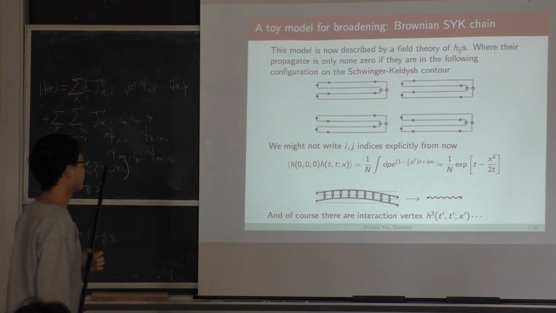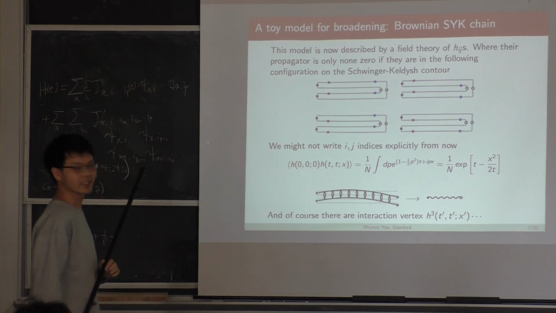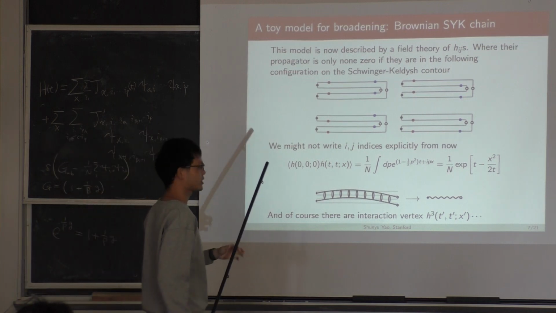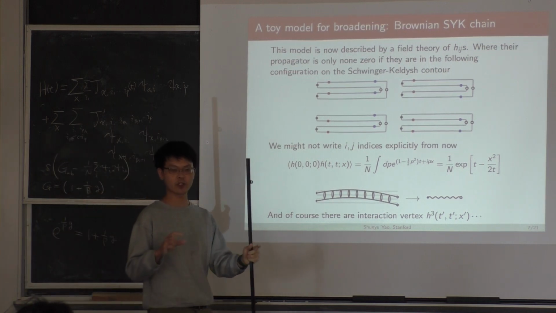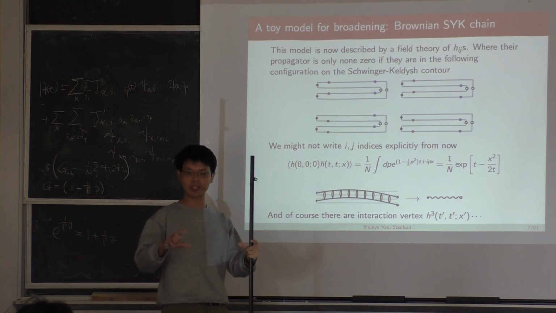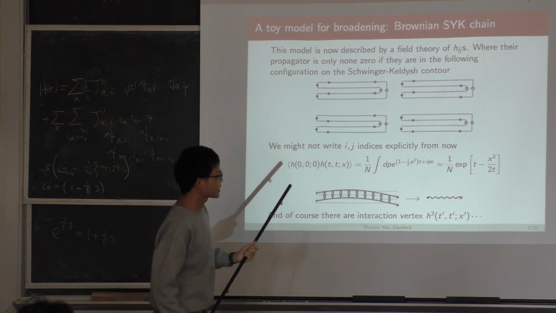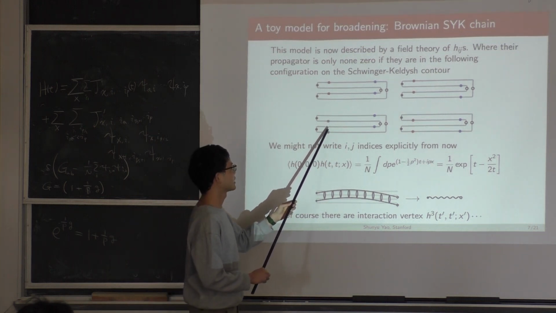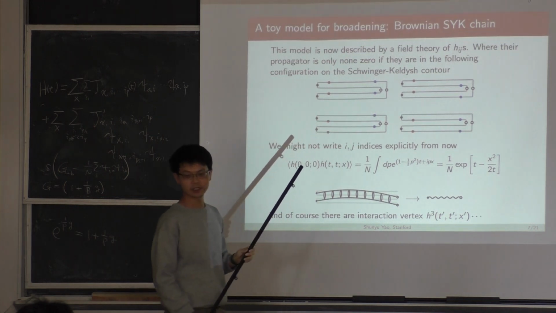And let me describe what this theory of H field is. So what you'll find is at the propagator level, at the level of the two-point function between two H fields, the only non-zero configuration is when these H fields live in an out-of-time-ordered manner.